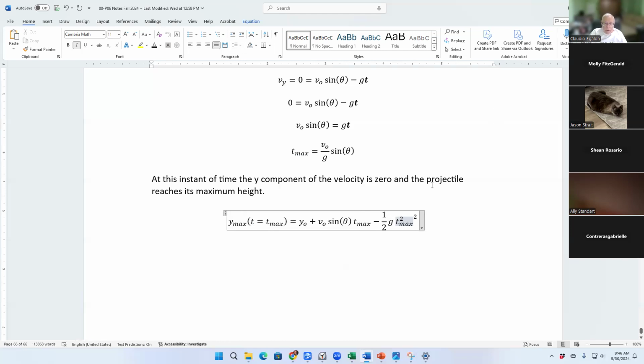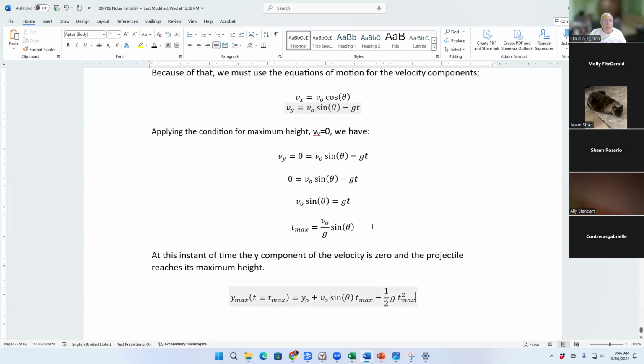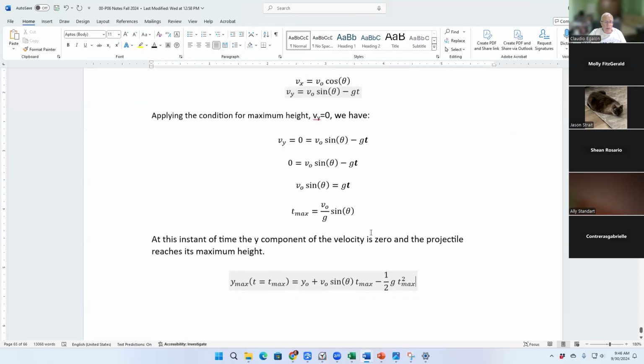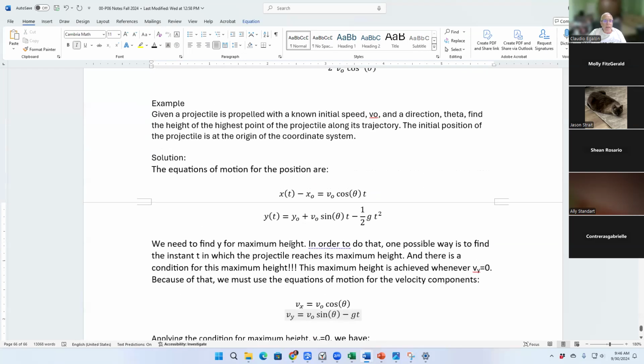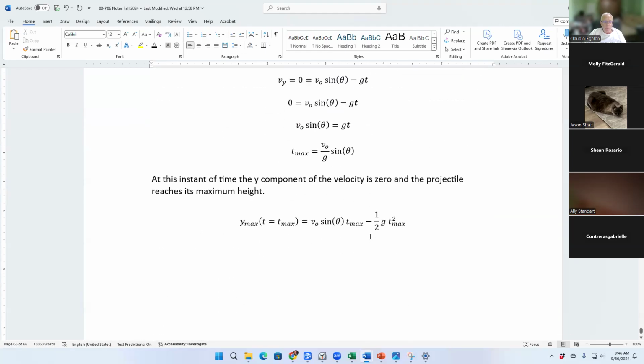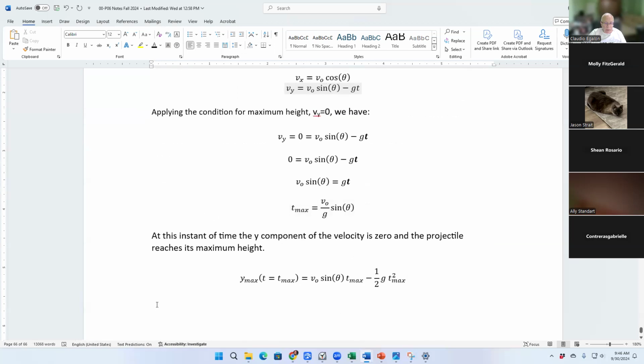Yeah, better. I like this notation better here. Max. Oh, let's not forget y naught is 0, right? So I can exclude this y naught here. And let's replace it.